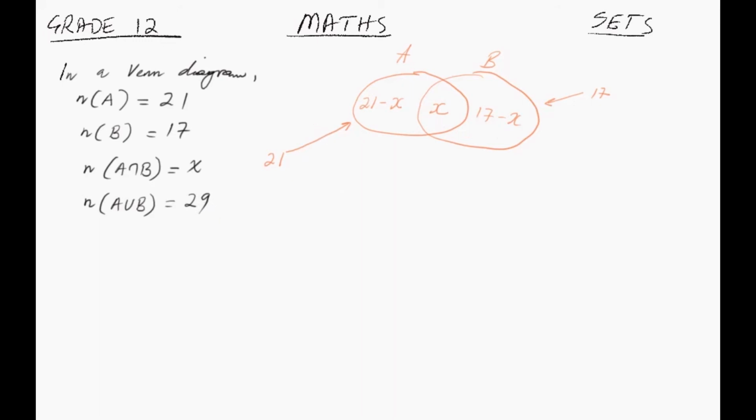So 21 minus x, plus x, plus this, is equal to 29, because it's the union. That's basically what we need to understand.